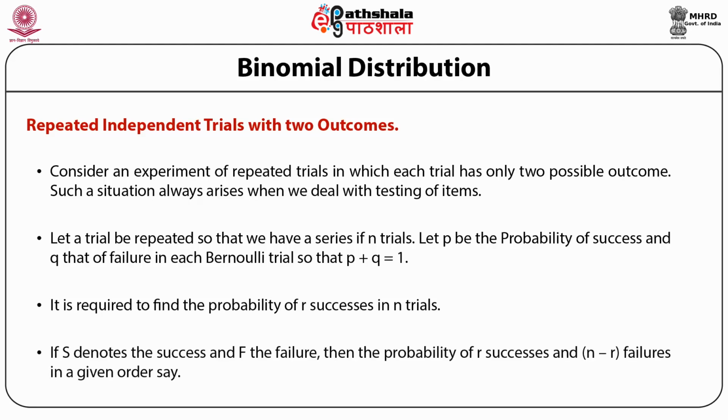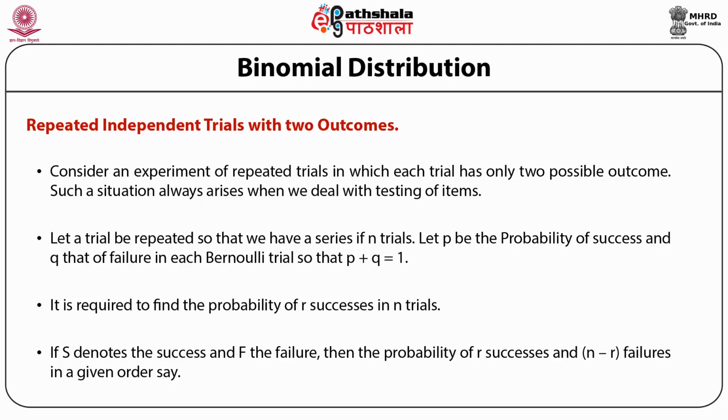If S denotes the successes and F denotes the failures, then the probability of r successes and n minus r failures can be given in the following way. Suppose we toss a coin and we get success first, then failure, then success. In the fourth trial again success, in the next trial failure and success, and so on.